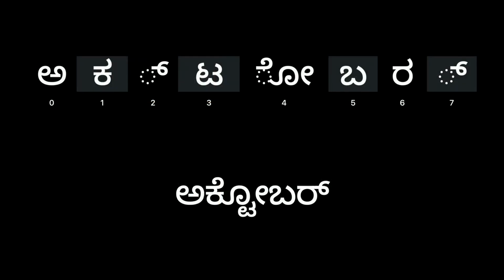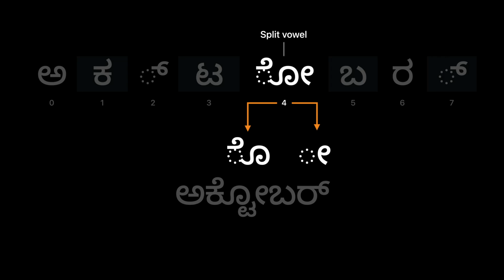Now consider Kannada, a script and language spoken by millions of people in India. Not only does it use lots of ligatures, the glyphs can be reordered and combined in all sorts of interesting ways. This Kannada word, meaning October, features a split vowel at character index 4, so that gets split up into 2 glyphs.